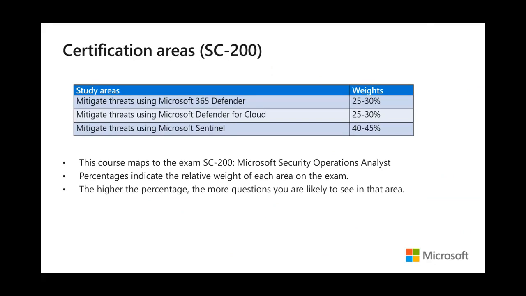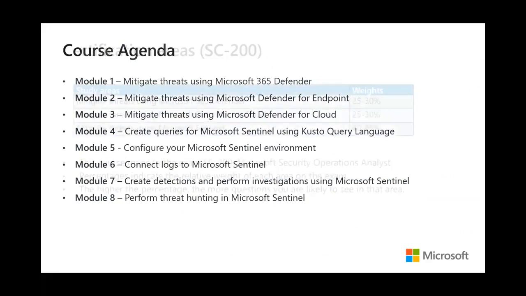Study area number 2, mitigate threats using Microsoft Defender for Cloud, and the weight is another 25 to 30%. And study area number 3, mitigate threats using Microsoft Sentinel. The weight is 40 to 45%. So this is the one that has more weight compared to the other study areas. But each study area will include 1 or more modules from the previous list, 8 modules for 3 study areas.